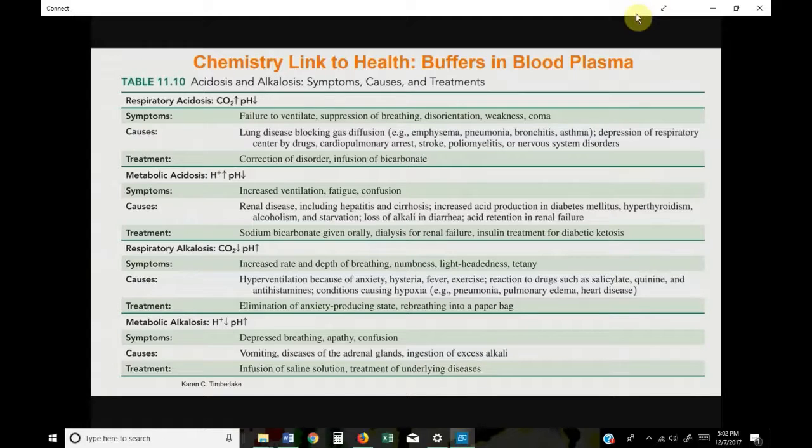Respiratory alkalosis, meaning that the pH is high, can come from having too little CO2 in the blood, and metabolic alkalosis occurs when we have too little acid in our blood. Take a look at the slide and become familiar with it, especially if you're going to be in the health profession. This is something that would be useful for you to remember.